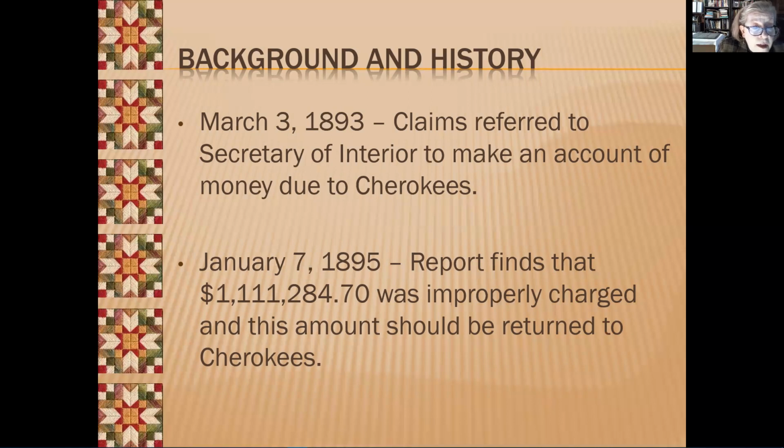And between 1893 and 1895, they rule that 1,111,284.70 should be returned to the Cherokees. And this is 1895 money. So here we are now in 1895 already.